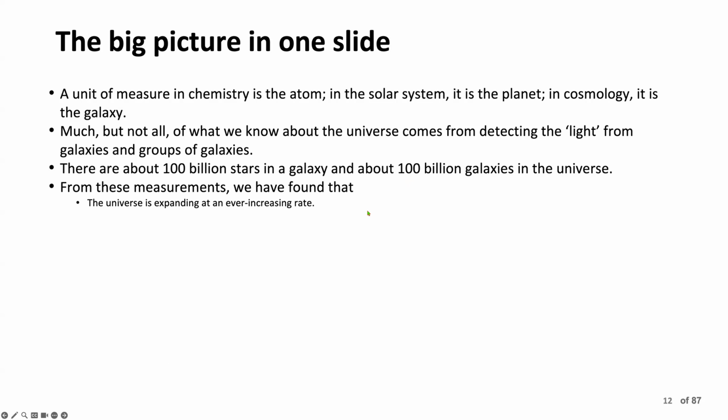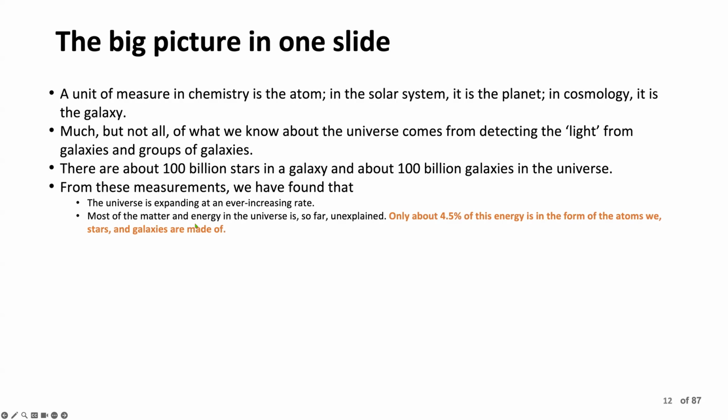And from that, we found the following impressive new insights about our universe. The first is the universe is expanding, and its rate of expansion is increasing. And again, I'm just going to give you this as a fact, and then I'll show you the evidence as we progress through the rest of the lectures.